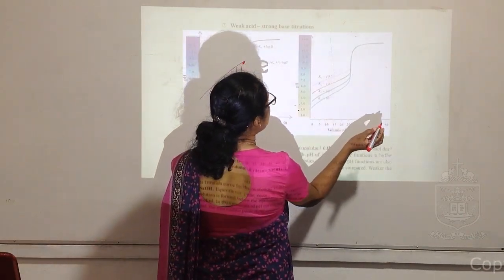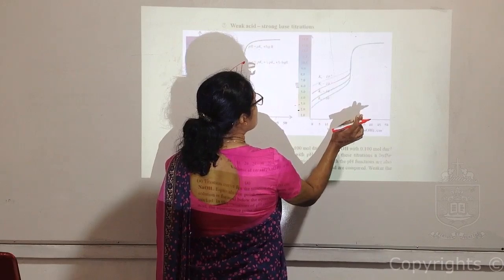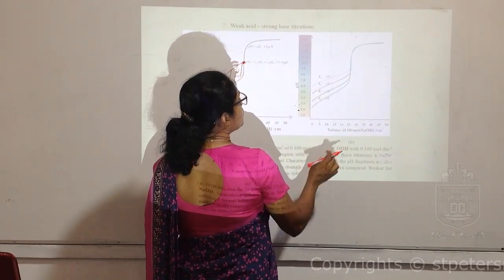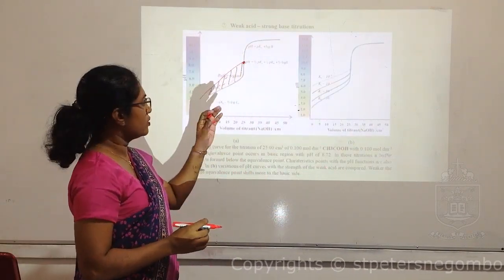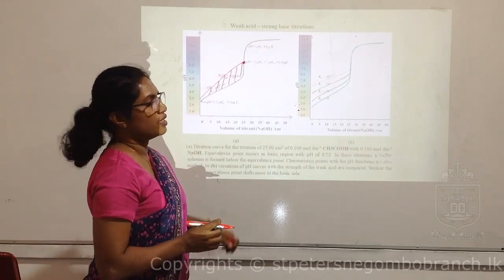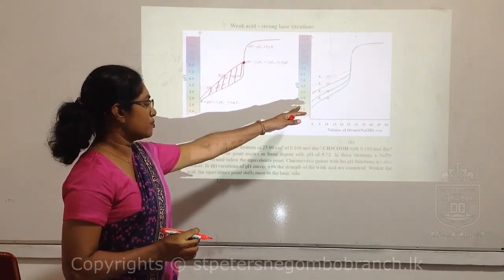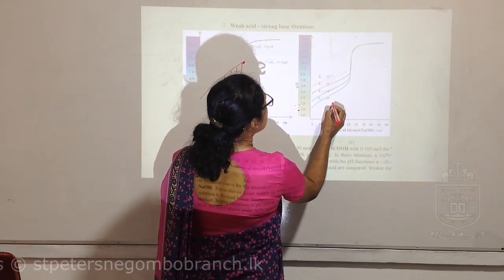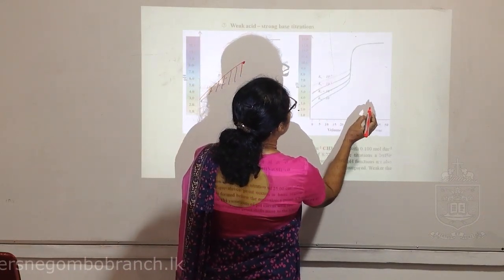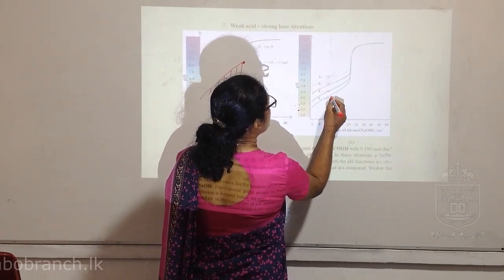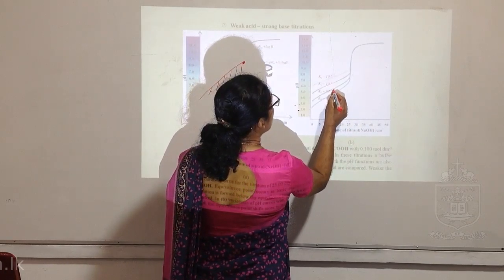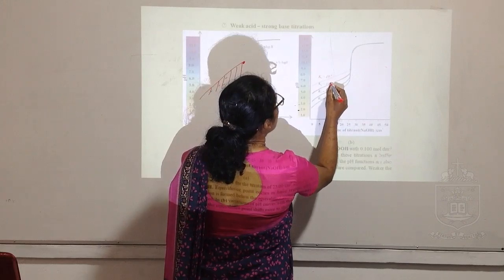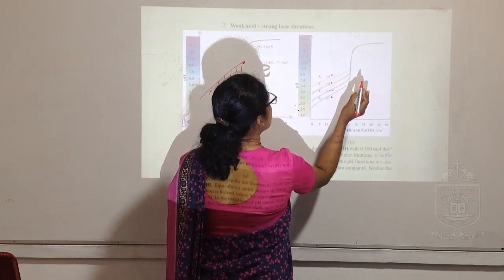In here, I have shown you the Ka value of the weak acid which we take here. First one, 10 to the power minus 2, 4, 6 and 8.